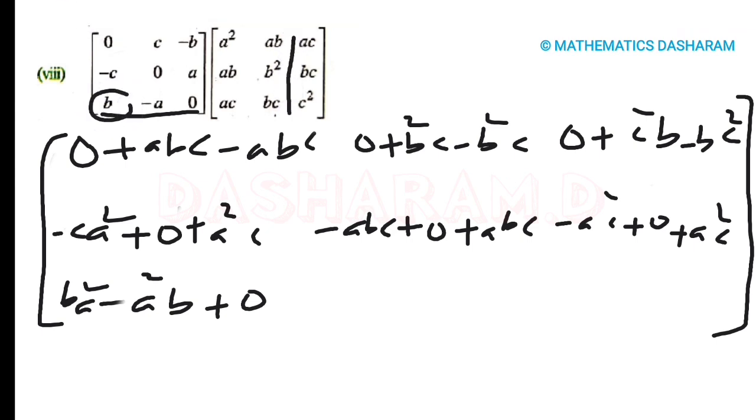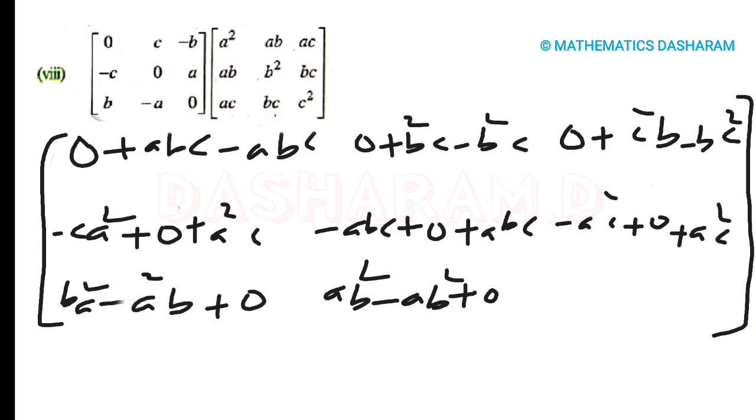So b into ab, ab square, minus a into b square, minus ab square. Next, 0 into bc is 0. Next, same third row multiply with the third column. b into ac, abc, minus a into bc, minus abc, and 0 into c square, how much? 0.